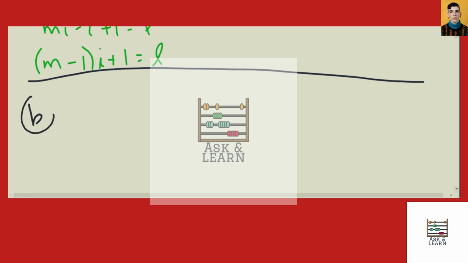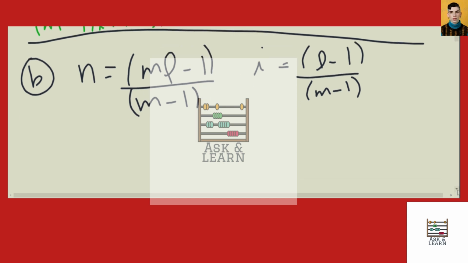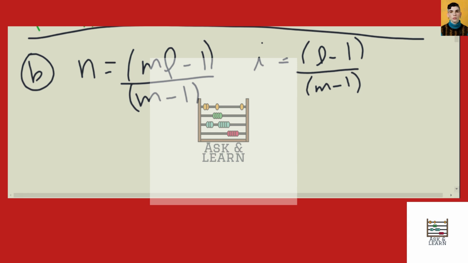And then for part B, we are asked to prove that n equals (ml minus 1) over (m minus 1), and i equals (L minus 1) over (m minus 1) is true. Okay, so I can use both of the equations from the part I just processed, from part A. So what I'm going to do is L equals (m minus 1) i plus 1.